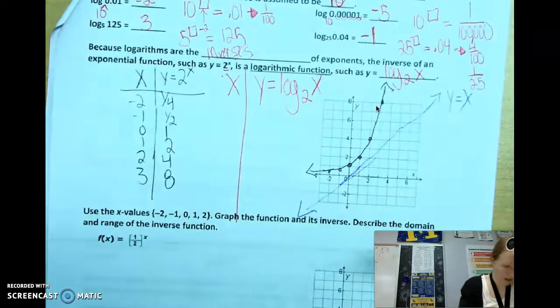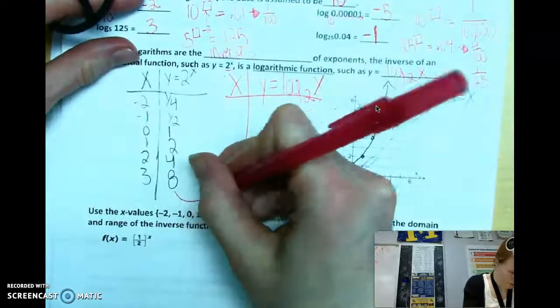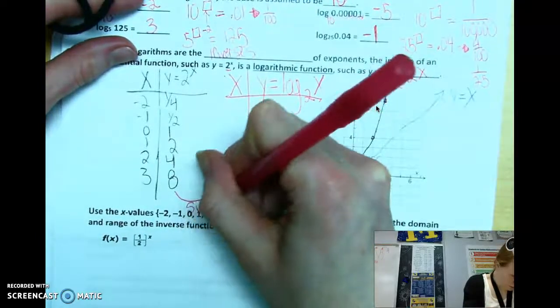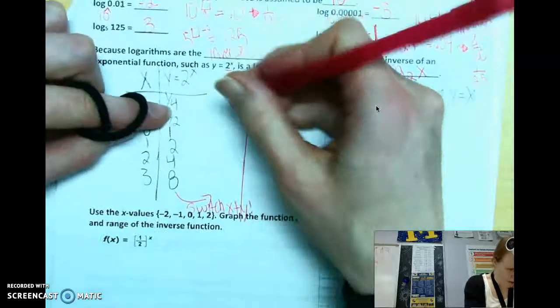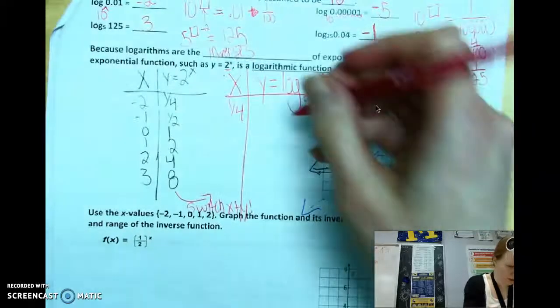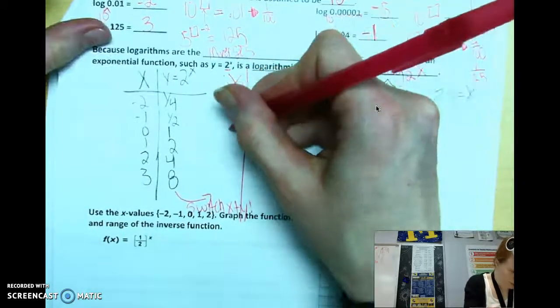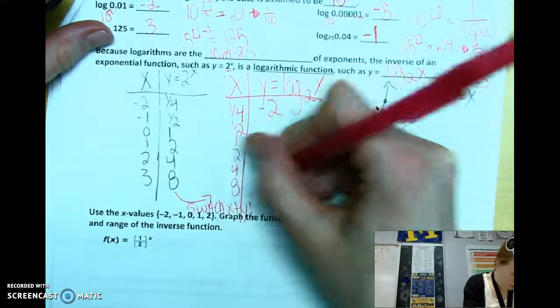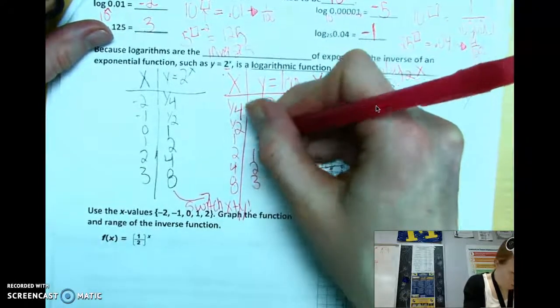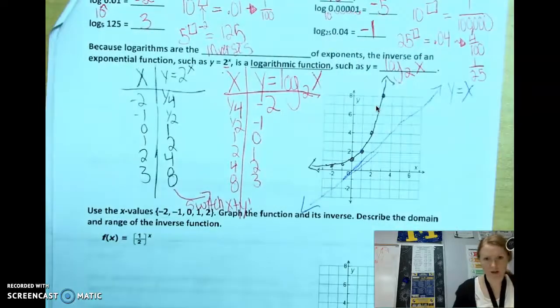All we do is switch our x's and our y's. So if my y was 1/4, my x will now be 1/4, and my y is -2. 1/2, 1, 2, 4, and 8. 3, 2, 1, 0, -1, -2.